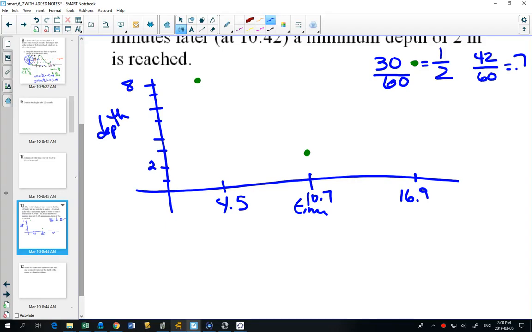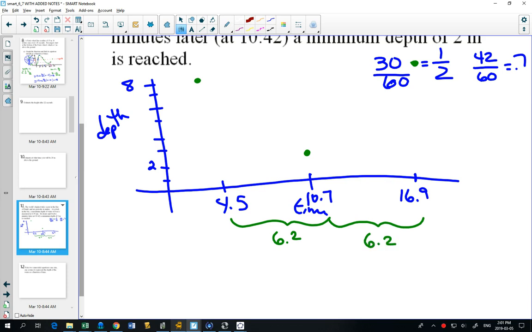Just a lucky guess? Okay. This distance here is how much? 6.2 hours. Another 6.2 hours will get you back to the maximum.